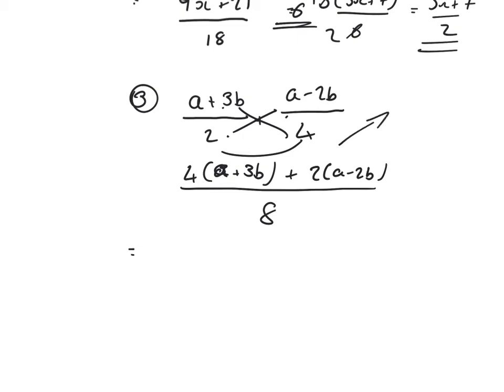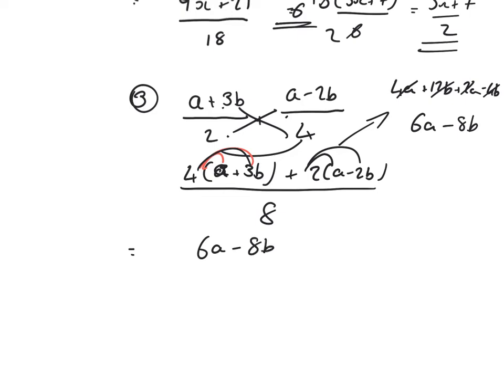Okay, so let's take this bit to the side. 4 lots of a is 4a plus 4 lots of 3b is 12b plus 2 lots of a is 2a plus 2 lots of minus 2b is minus 4b. Let's tidy this up. 4a and 2a is 6a. 12b take away 4b is 8b. Let's bring it back in.